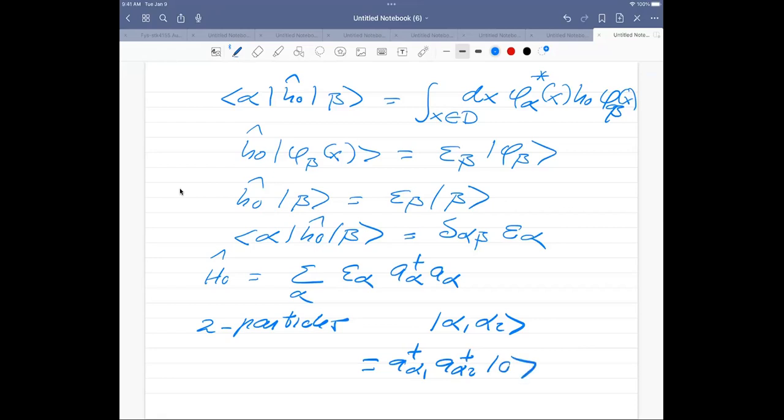Now, you remember that when we did this calculation in first quantization, as we loosely called it, when we calculated the expectation value of this state, alpha 1, alpha 2, of H0, alpha 1, alpha 2, so we did this the previous week and the week before, then this was simply equal to epsilon alpha 1 plus epsilon alpha 2. So let's see now that we get this expression, and let's do that in second quantization.